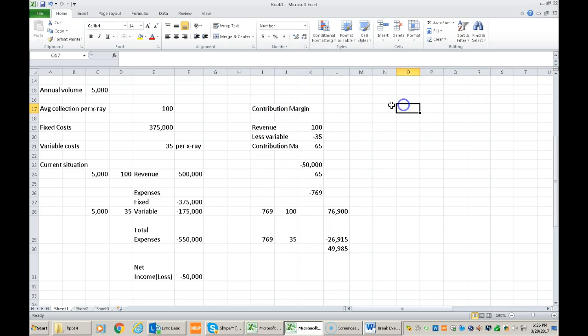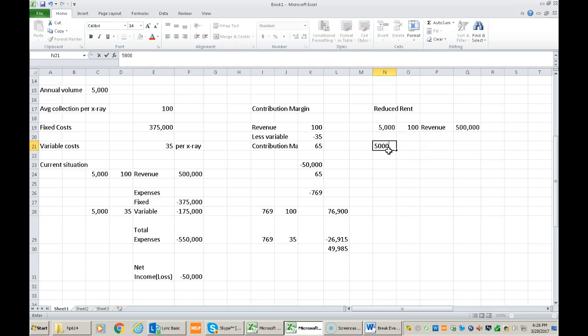But now, if we were able to reduce the rent, and so here we have 5,000 units, and we make $100 per unit, right? So we have our revenue of $500,000. Here, we still have our variable costs are $35, right?